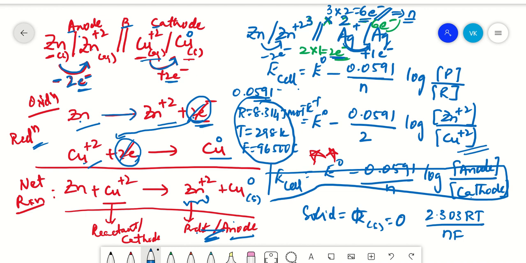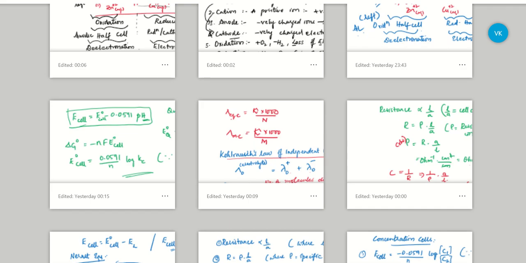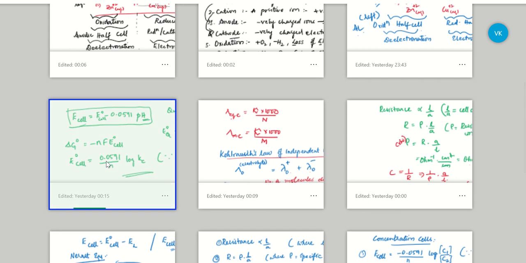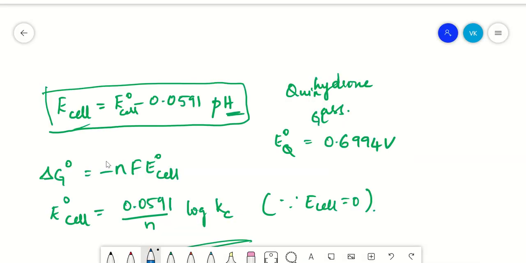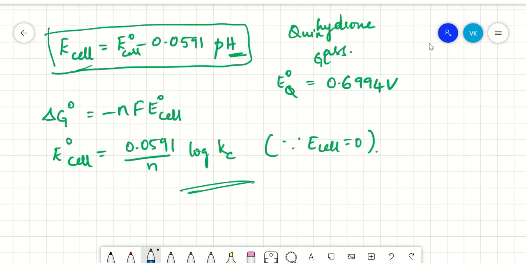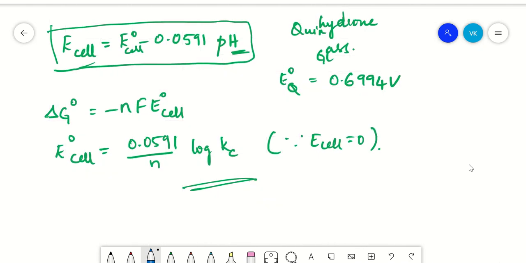Now we'll see some more terms that are involved here. If you take the relation between your E cell and pH, then we can say this as E cell is equal to E naught cell minus 0.0591 pH.